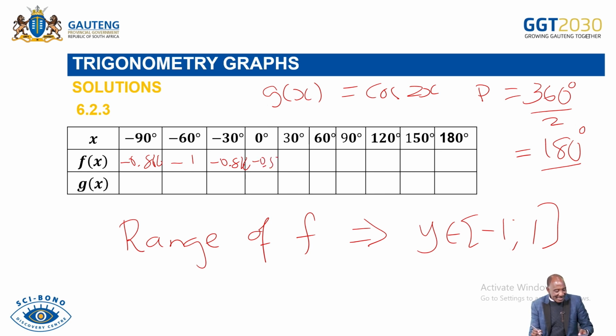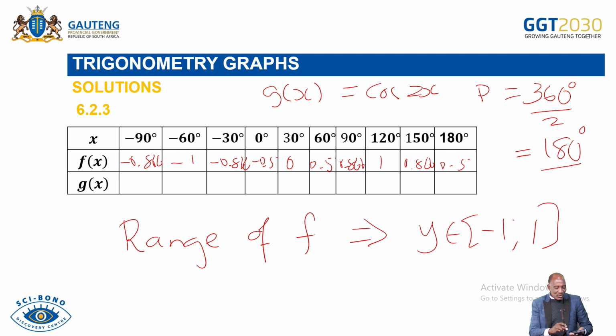Next at 30 you have a 0, crossing the x-axis. Then next is 0.5. It's like a pattern of some kind. Next is 0.866. The other one was -0.866, this one is now positive. The next one is a 1. The next one is 0.866 at 150. Then the last one is 0.5.